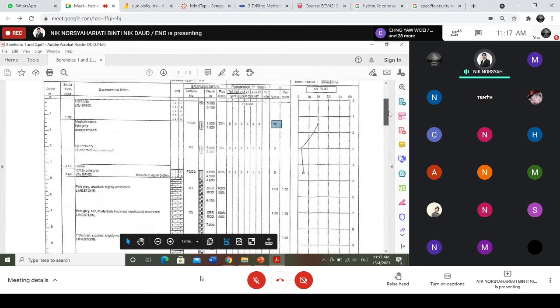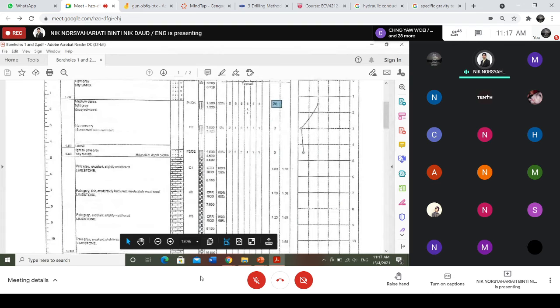For this part, if you notice, they got only 3 soil samples and 3 numbers based on the SPT, starting from this part 23 and 5. Based on this, you can refer to a reference table to analyze what type of material it is and the strength of that material.